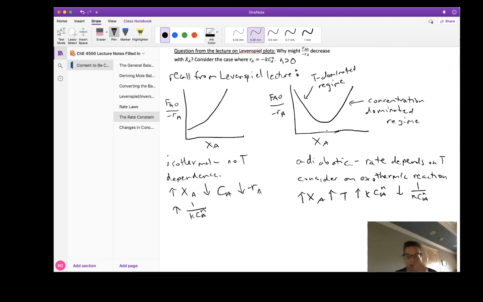And what happens here, after this point, CA is so low that the reaction is barely proceeding.